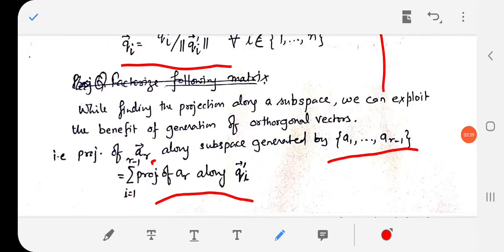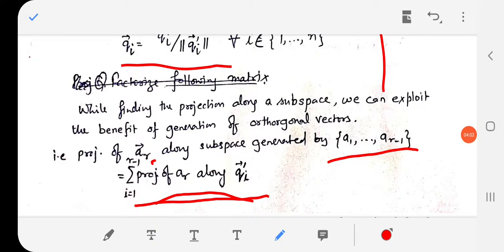So instead of taking the projection onto non-orthogonal vectors, if we take the projection over the orthogonal vectors, then the direct sum of the projections will give you the vector, right?